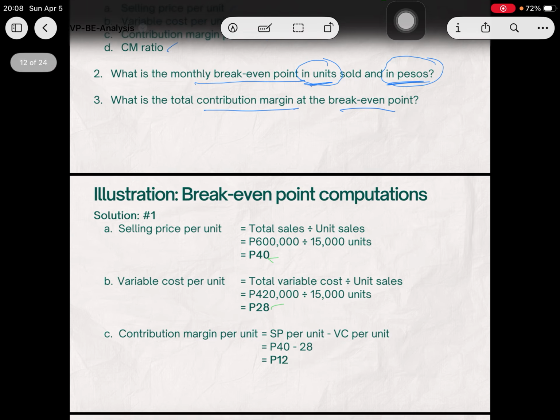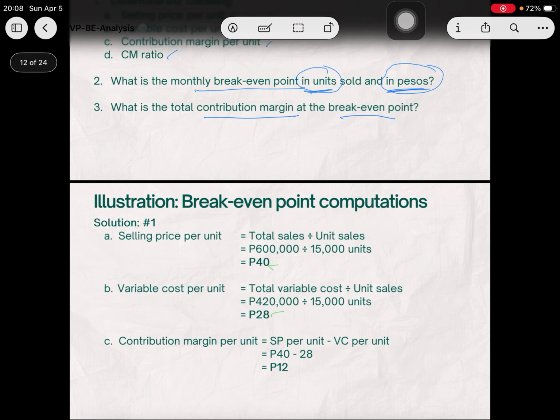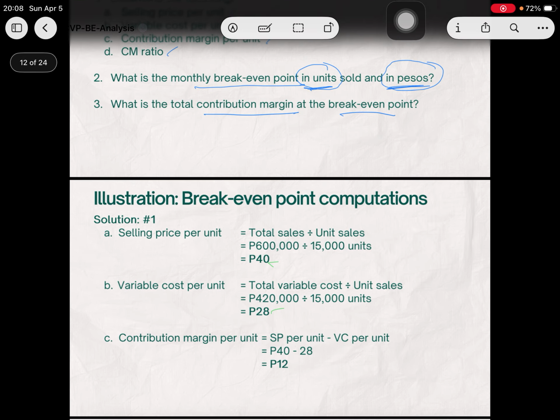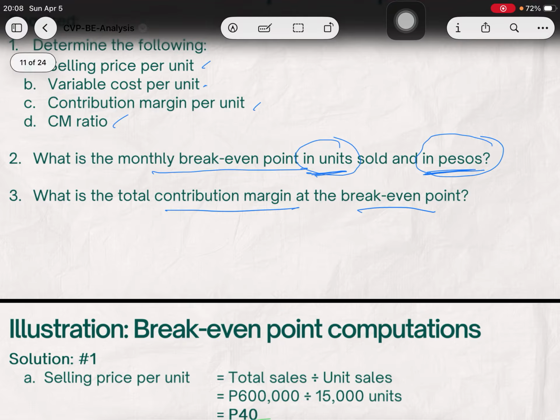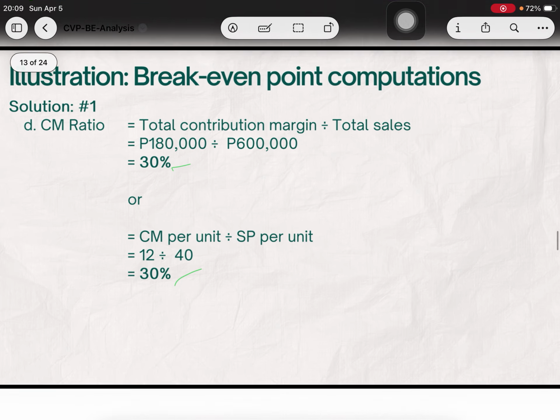Eh di ang gawin mo lang is, kailangan mo yung sales, tapos kailangan mo rin yung variable cost. But please take note na ang tinatanong dito ay, ano daw ang contribution margin at the break-even point? So, meaning, ang gagamitin mo dito na volume ay yung break-even point in units. How much yun? 12,500.